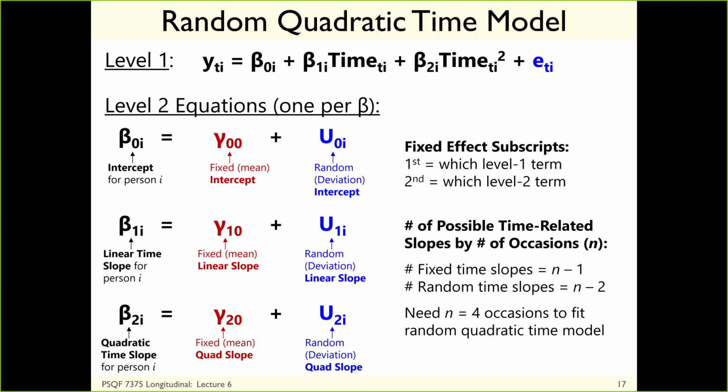A level 2 between person kind of variable or a level 1 within person kind of variable? Which kind has the potential to go into this level 2 model and reduce these U variances? What do you think?